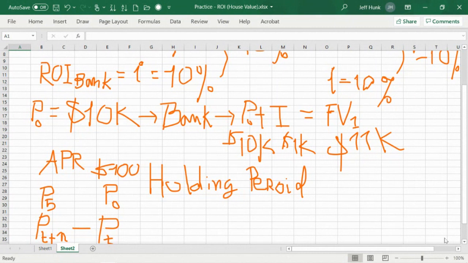And if it is 50, it didn't grow. It actually shrank. It's negative growth. Five years later, if it's $50, then you lost 50%.